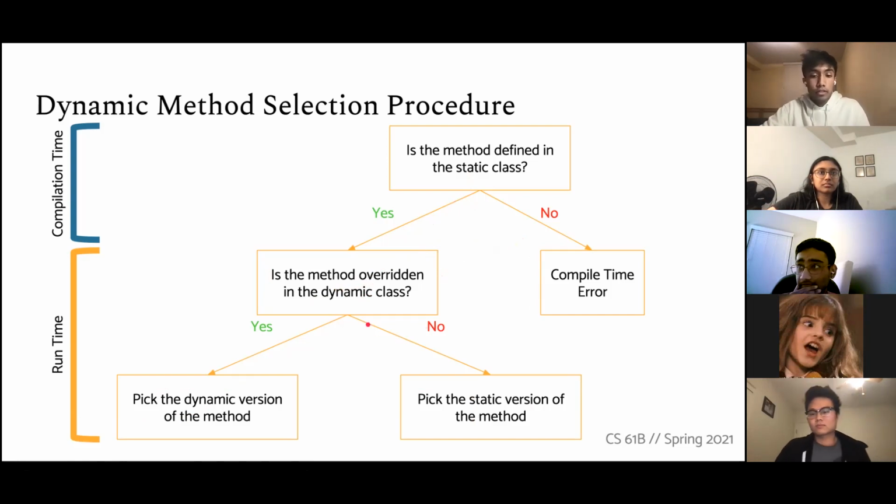Just to note in chat, you only get runtime errors with this. At least not with dynamic method selection. I might be wrong, but usually you'll find a compile time error, if anything.